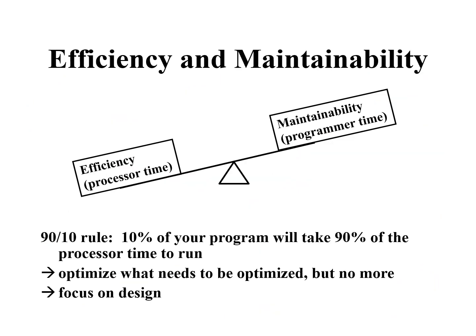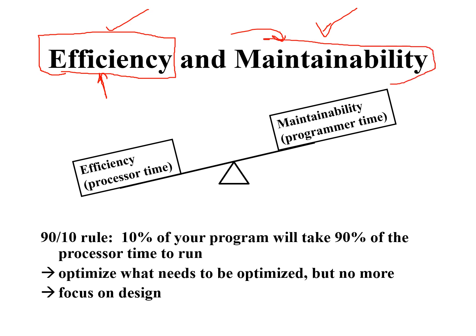Now, efficiency and maintainability. If we talk about efficiency and maintainability in the world of programming, we always give preference to efficiency over maintainability. Efficiency is the processor time, how much time the processor is taking.